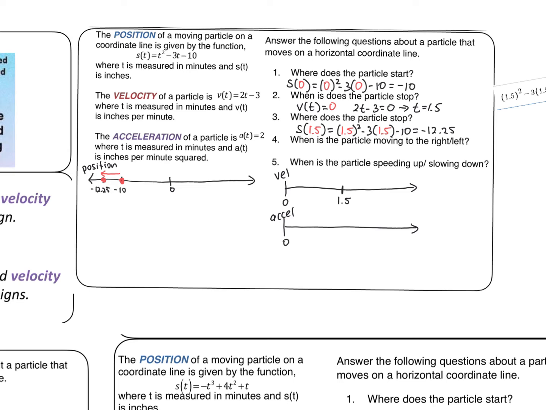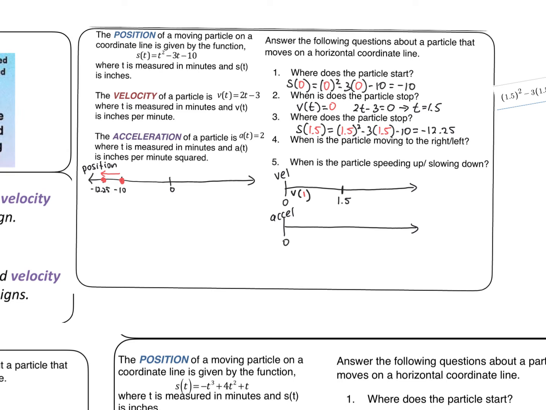To test whether the particle is moving to the left or the right, we need to plug into the velocity function right here a number that is in between 0 and 1.5. I'm going to do an easy quality of life thing and pick 1, because that number is in between 0 and 1.5.